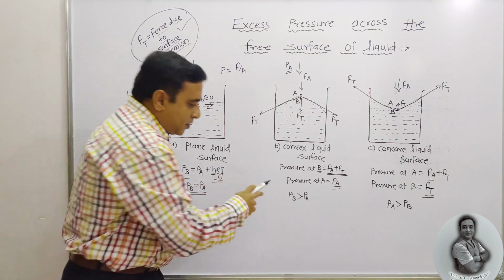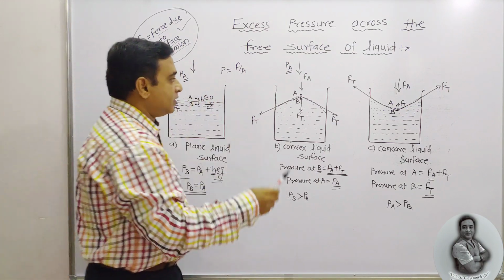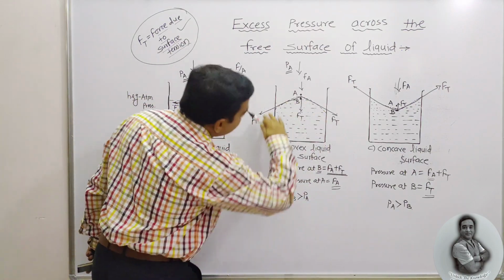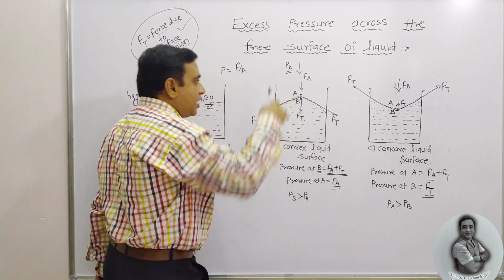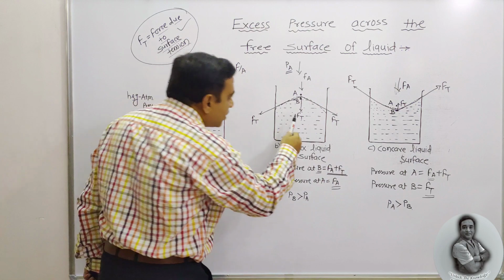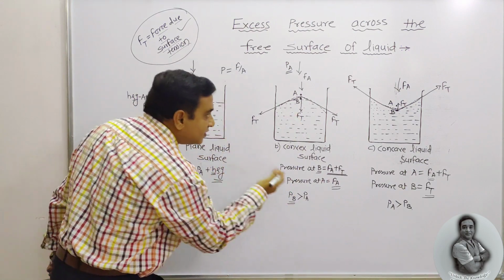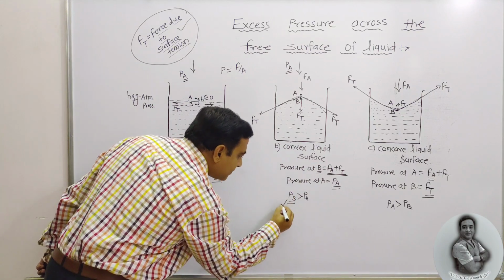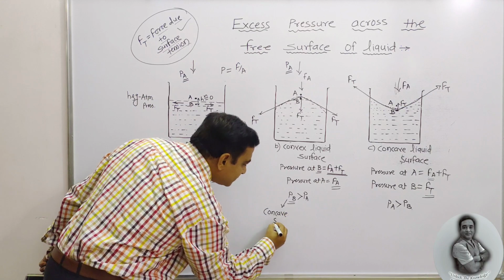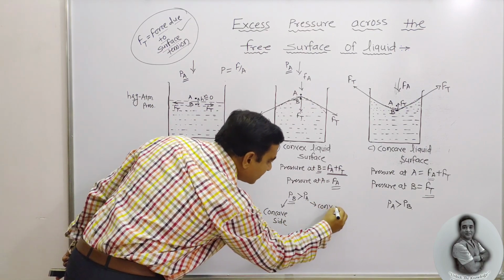See, Pb is greater. Where exactly is the Pb? If we see from the lower side, it is concave. If we see from the upper side, it is convex. And hence we show that this is at the concave side, and this is at the convex side.